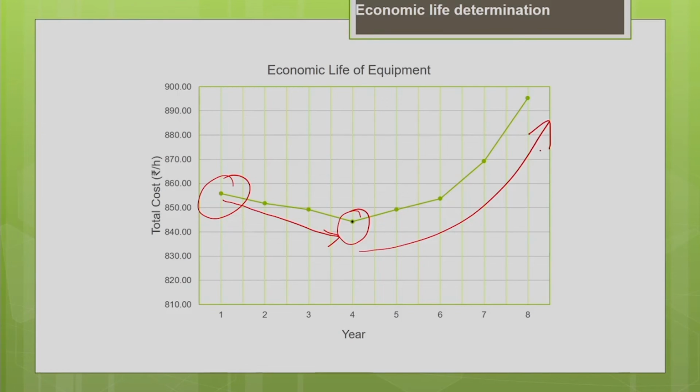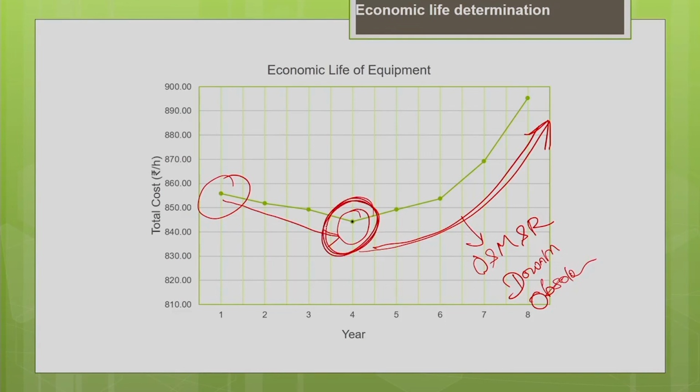Why this significant increase? It is mainly due to the increase in the operating cost, the maintenance and repair cost, your downtime cost, your obsolescence cost, everything is increasing significantly. That is why you can see a significant increase in cost with increase in age of the machine. It is better to replace the machine at the end of the fourth year. So, the economic life for this machine is four years.